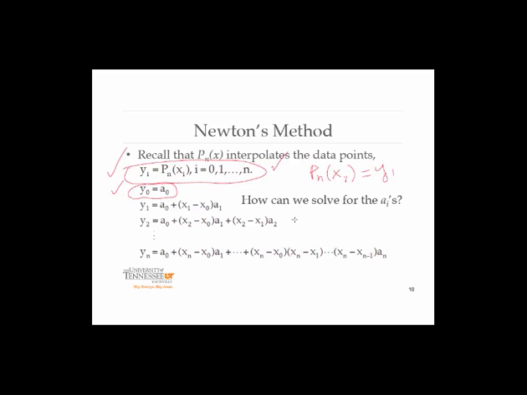And the next equation here is a reflection of Pn of x2 is equal to y2. Again, our polynomial has to fit that data point. But the polynomial at that point would have this particular form. This is a representation of Pn of x2. And then finally, this last equation represents the interpolation at the very last set of ordered pairs, that Pn of xn equals yn.